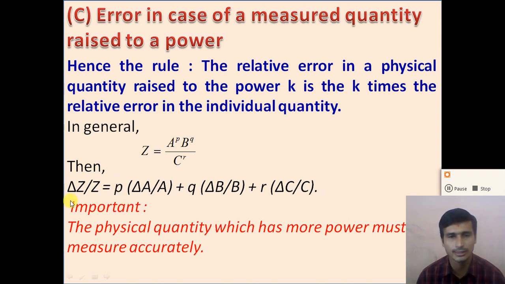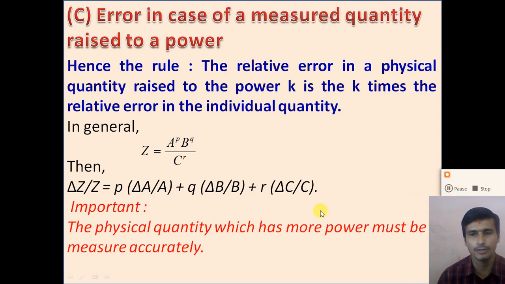So the maximum relative error in Z is equal to P times the relative error in A plus Q times the relative error in B plus R times the relative error in C. So in this, the physical quantity which has a higher power must be measured accurately. Why? Because the error in the final result is the power times the error in the individual measurement, right?